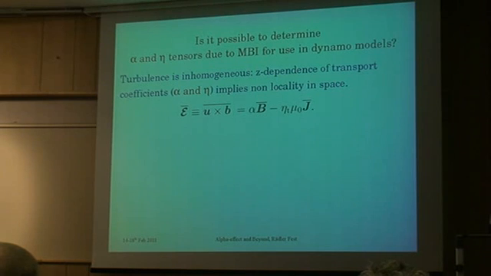One is that since my magnetic layer was thin compared to the size of the box, the turbulence is supposed to be inhomogeneous. Which means that alpha and eta should depend on z strongly. So then this simple formalism where the mean EMF is proportional to the mean magnetic field and the mean current actually breaks down.